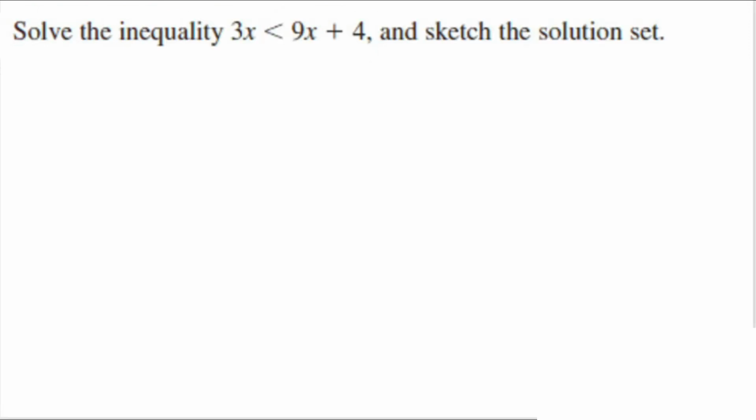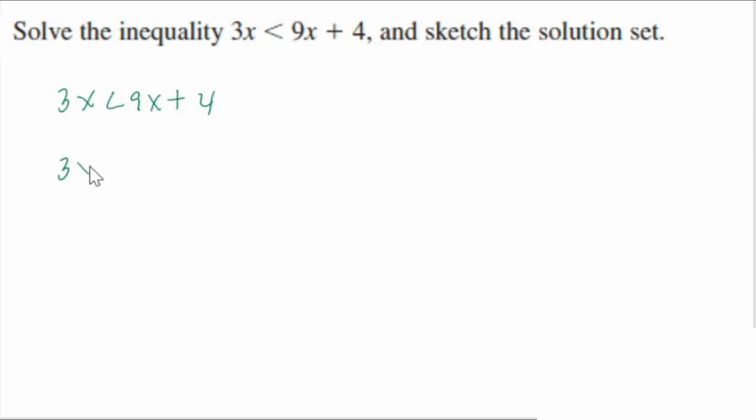So number 1, solve the inequality 3x less than 9x plus 4 and sketch the solution set. Okay, so following the 3 steps, we're going to solve this inequality. So I have first 3x less than 9x plus 4. So transpose 9x to the left hand side.